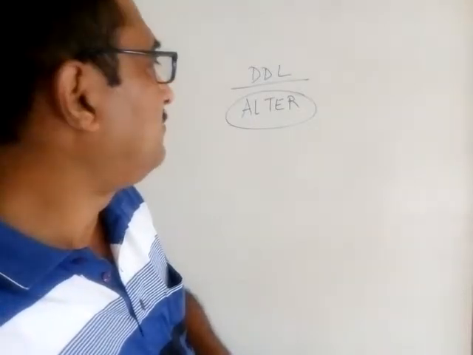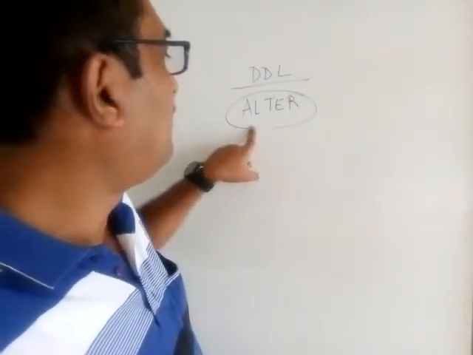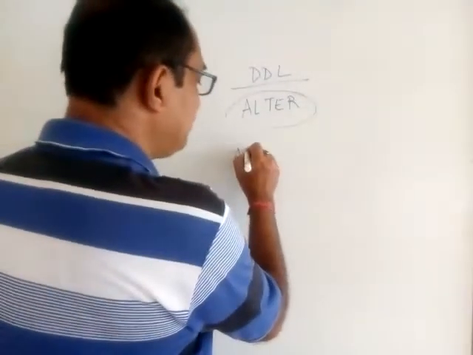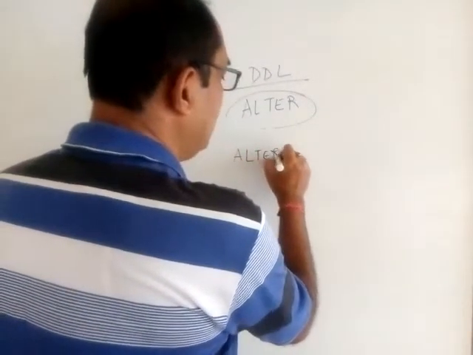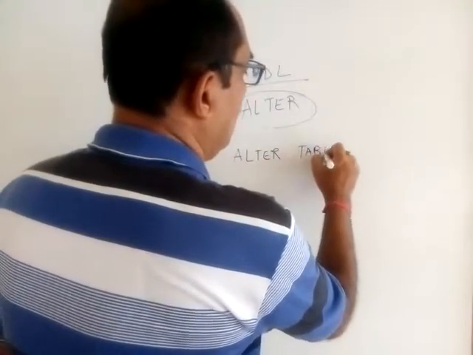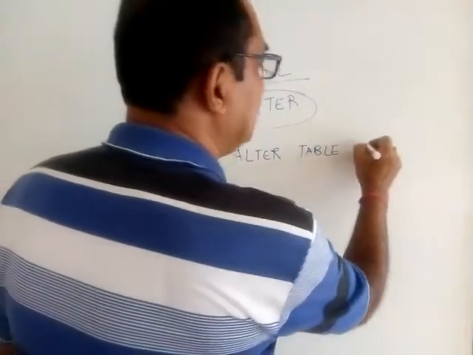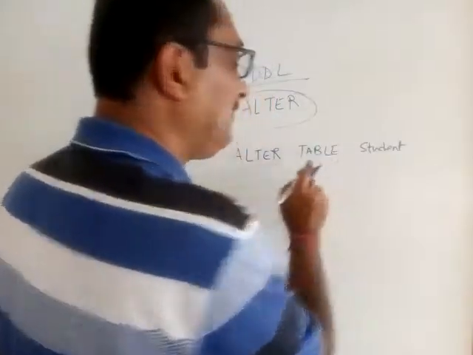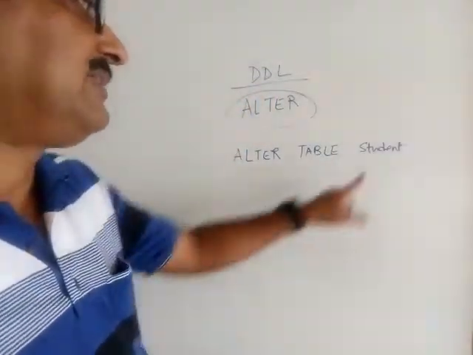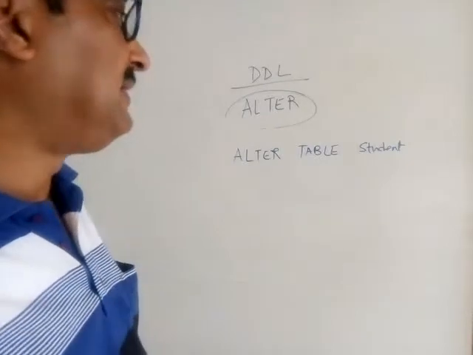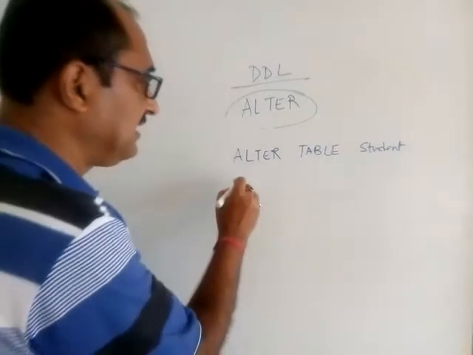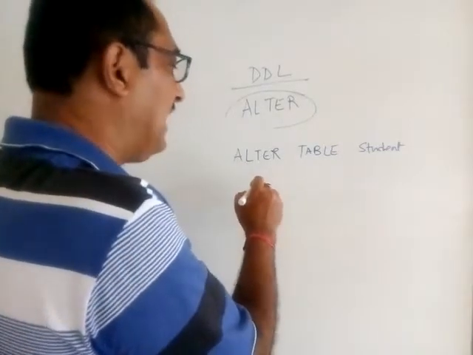So one of them which you have used already is alter. First of all, alter command always starts with alter table. Right? Alter table, table name. Say my table name is 2. Okay, always alter table, these two things will be there. After that you write the table name. Now you write whatever you have to do. So this you have done in class 11, that you wanted to add a column or add a field.